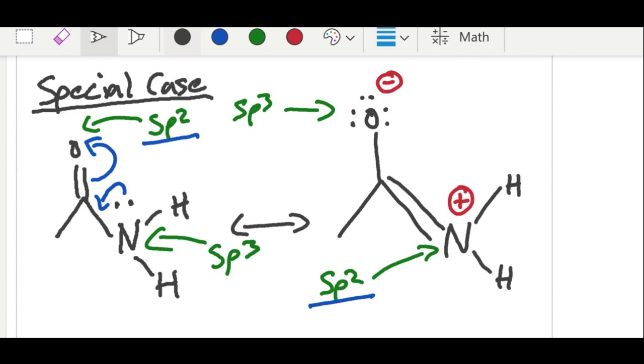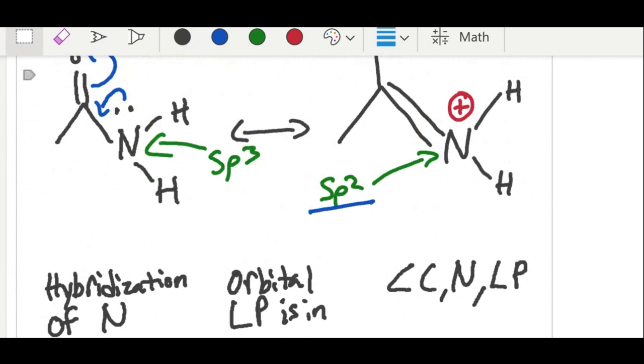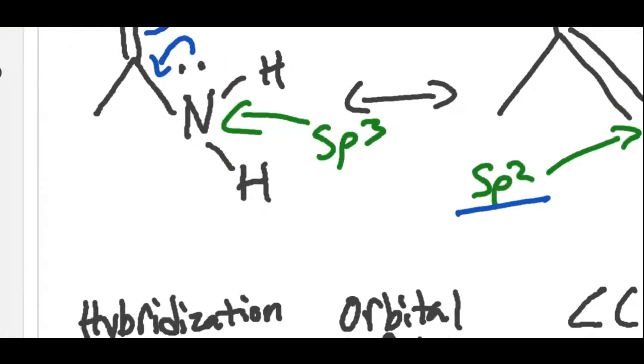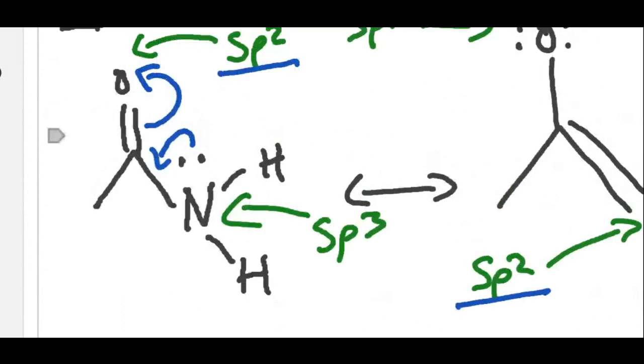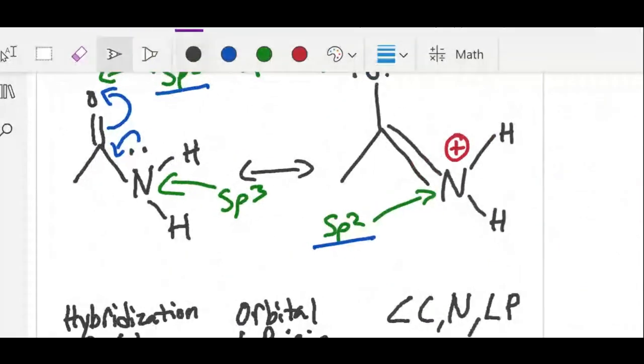an unhybridized p orbital. And I will draw what I mean if I can find some space, maybe in this little corner. So here is our nitrogen, here's our hydrogen, and then our carbon.